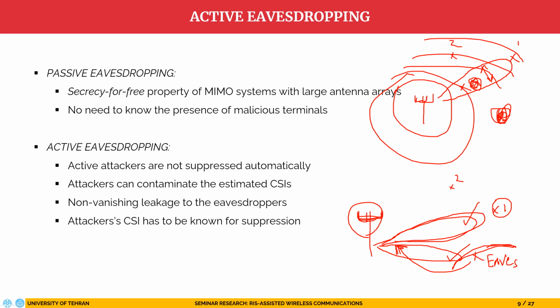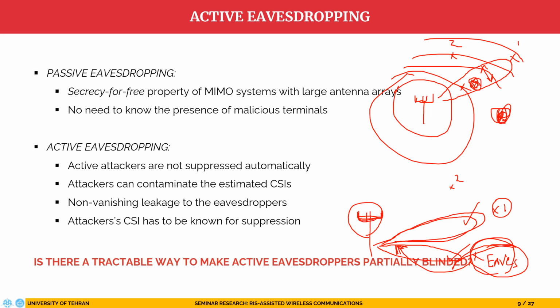So in this project and in this research, we intend to suppress the effect of these active eavesdroppers in the system with reconfigurable intelligent surfaces. Is there a tractable way to make the active eavesdropper partially blinded here? Yes, there is.